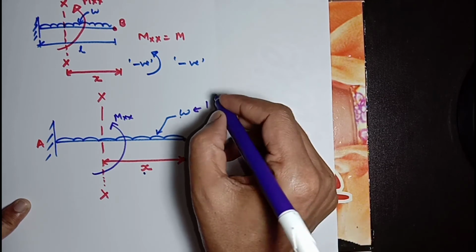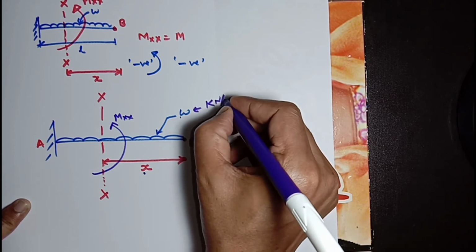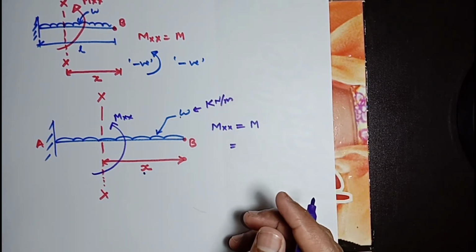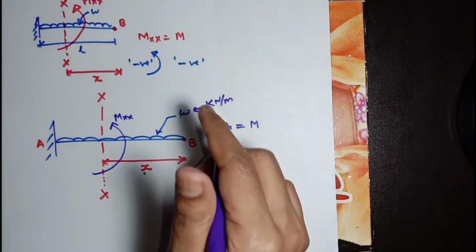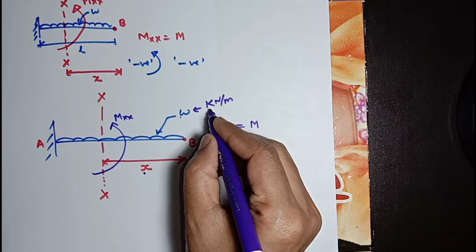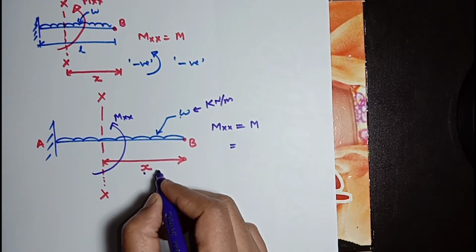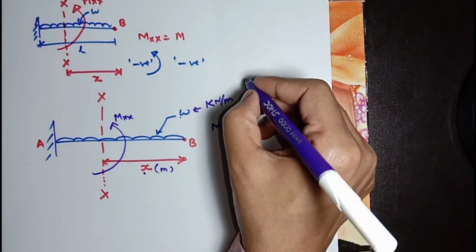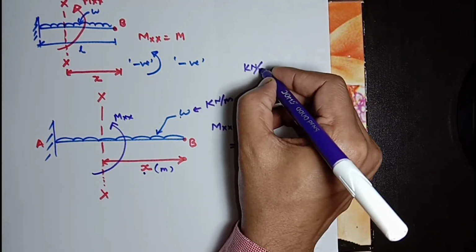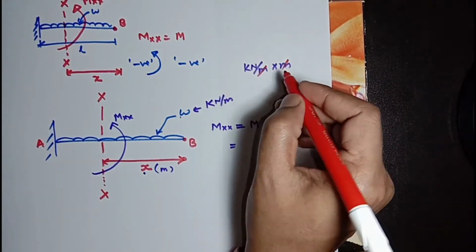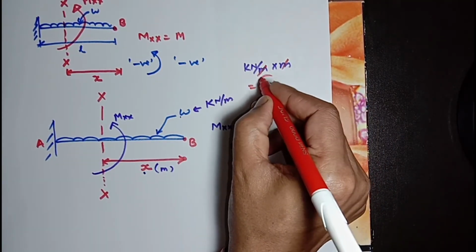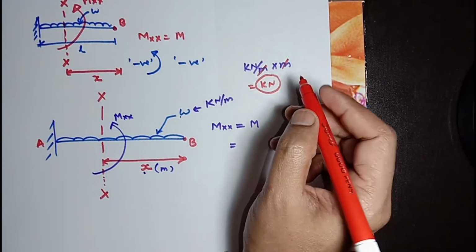It is in units of kilonewton per meter or newton per meter or kilogram per meter. Here we have taken kilonewton per meter, and the length in meters. So kilonewton per meter multiplied with meter, the meters will get cancelled, and we will get kilonewton, which is a unit of load.